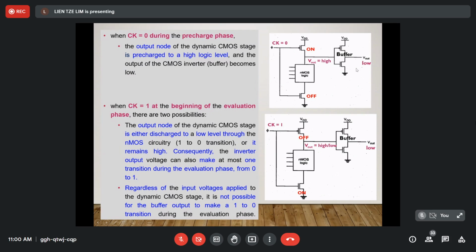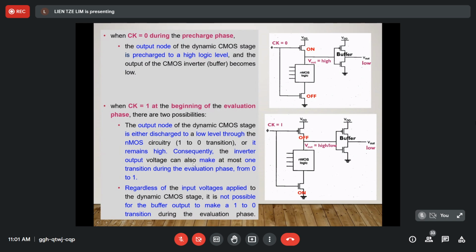Then another operation is when the clock is high. This is what we call the evaluation phase. There are two possibilities. The output node of the dynamic CMOS stage is either discharged to a low level through the NMOS circuitry, or it remains high. Consequently, the inverter output voltage can make at most one transition during the evaluation phase, from 0 to 1.